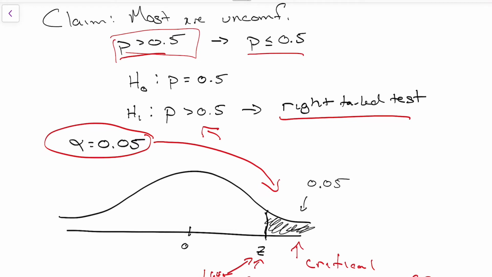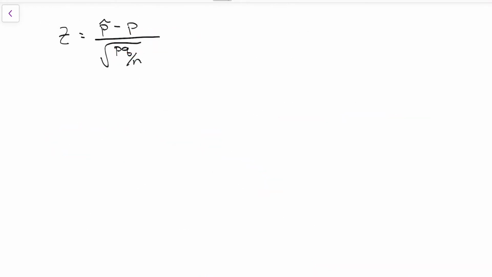So let's compute our test statistic. If we recall, this was the formula for our test statistic. Our p hat was our proportion in our sample. That was 54%. So as a proportion, it's 0.54. The population proportion comes from the hypotheses. That's 0.5. That makes Q 1 minus 0.5, so it's also 0.5.